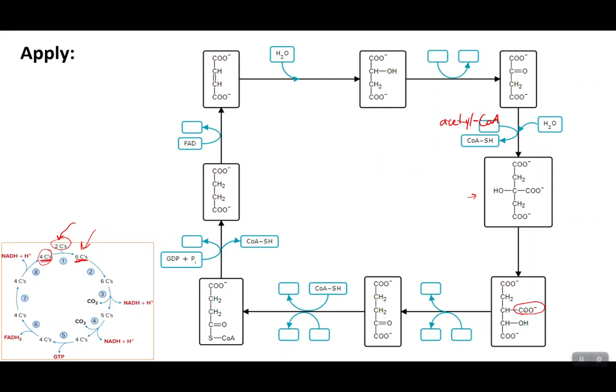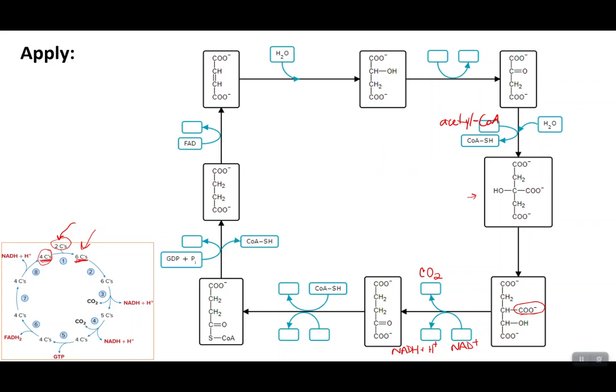So what this means is that this group was removed as a CO2. And then, as we learned in the previous slide, in this reaction, when you're releasing CO2, we can also go ahead and reduce NAD plus into NADH. And to be complete, I will include the proton that is also produced. Okay. But the main point of this step is that we have produced NADH.